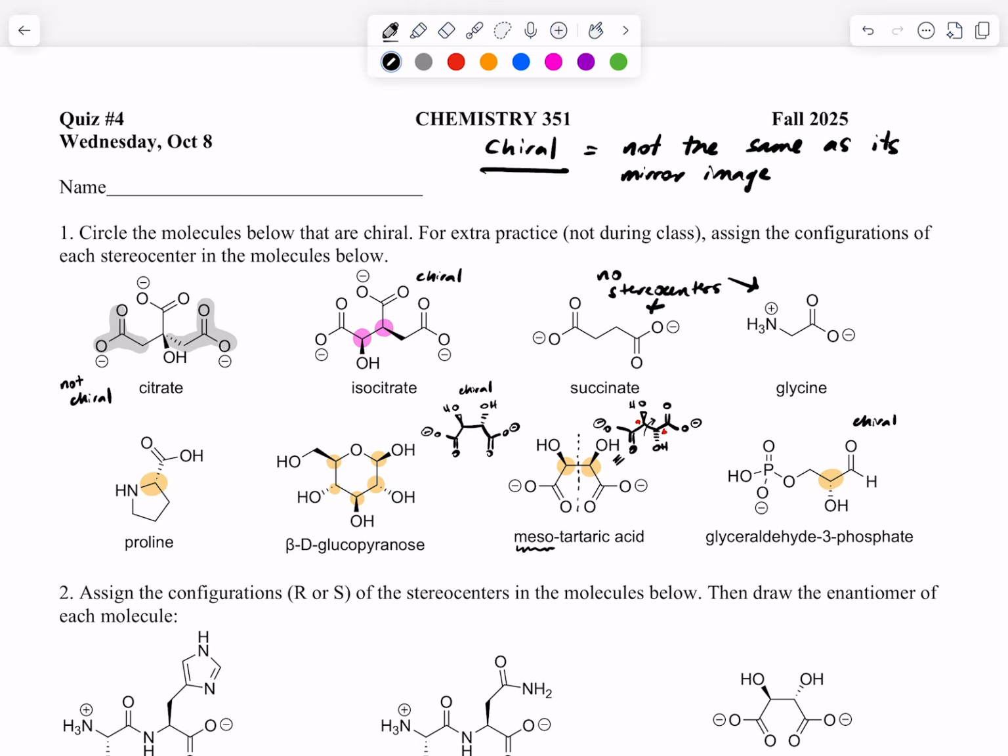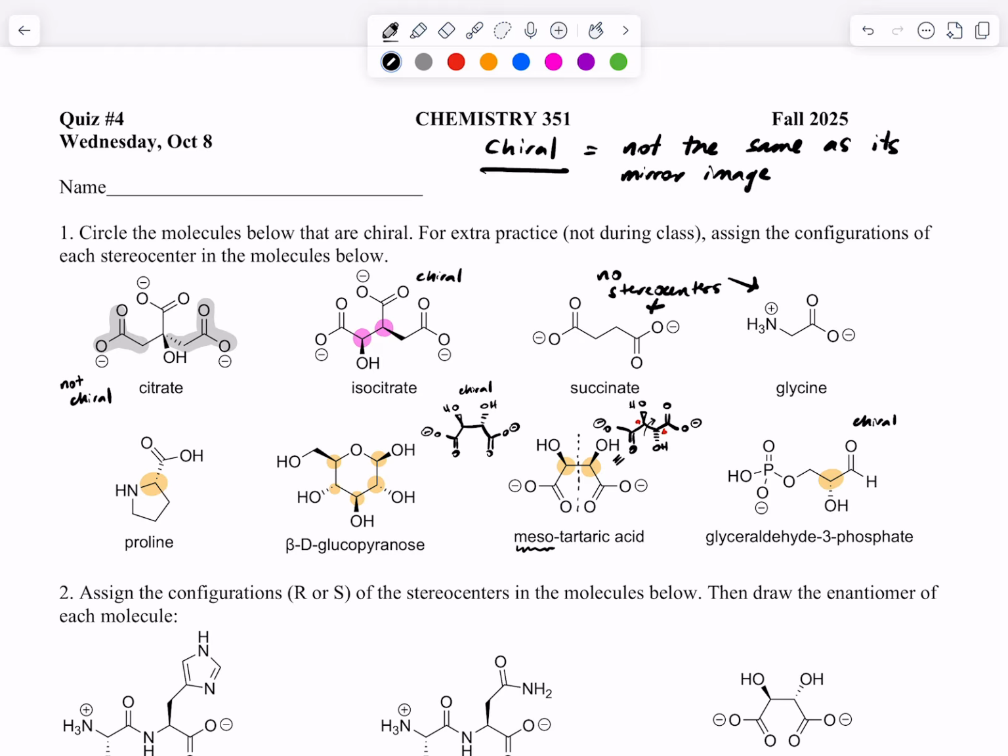Questions about that? Yeah. Does not having a plane of symmetry indicate that it is chiral? If it has stereocenters. If it doesn't have stereocenters, it's not chiral.